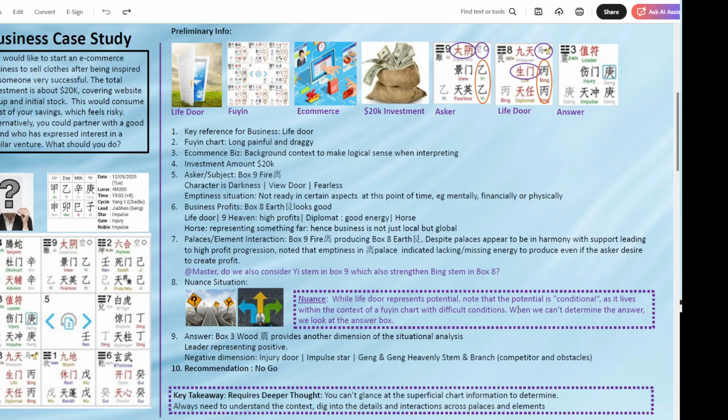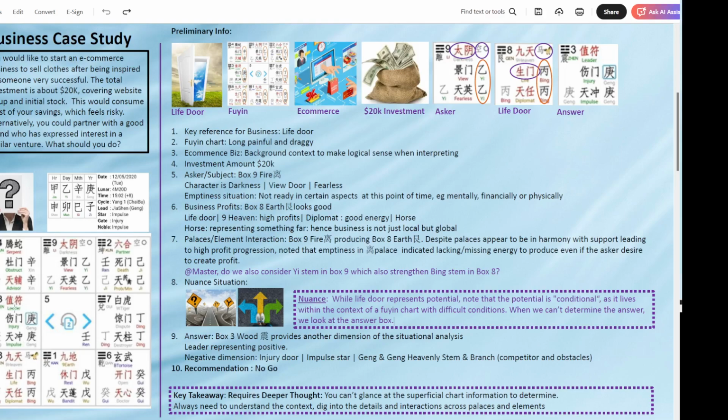So we actually look at the answer box. To know where the answer box is, it is in box 3. Okay, the answer box is already highlighted for us here. It's in our same Jia, and we get this answer box here.